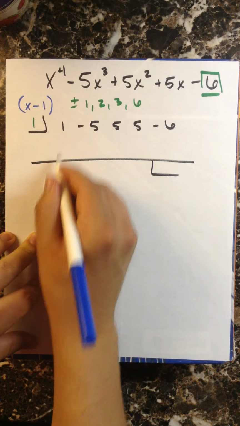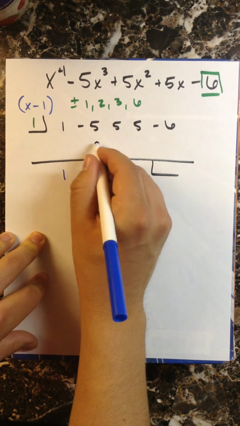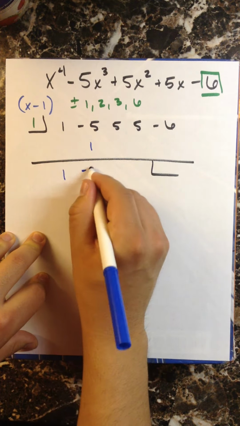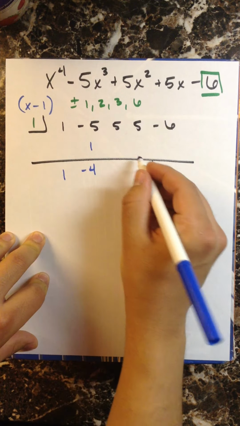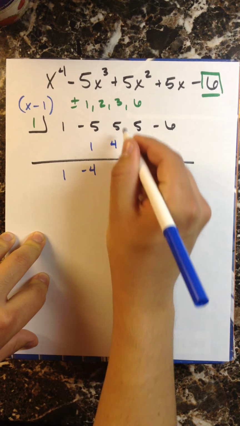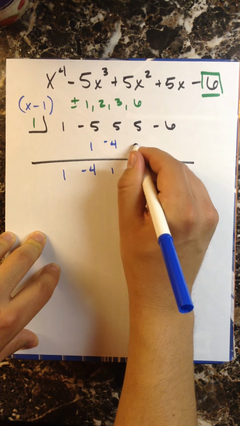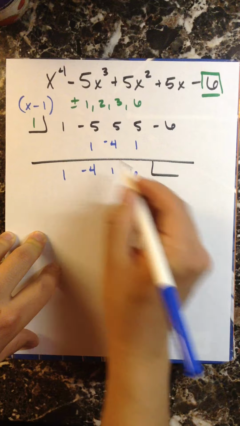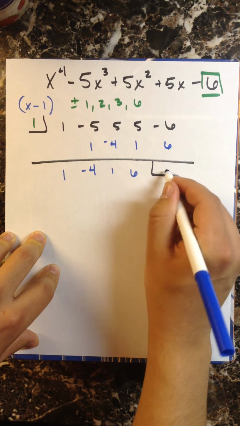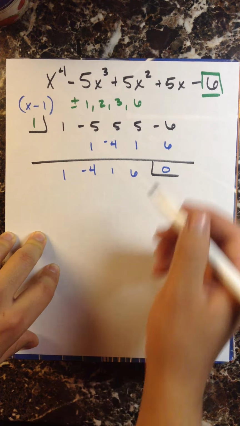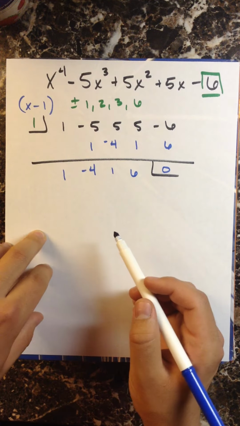So now we'll do the synthetic division. We'll drag this down and multiply, do a quick addition, multiply, add, multiply, add, multiply one more time, and add one more time. And we got a remainder of 0, which means that factor works.